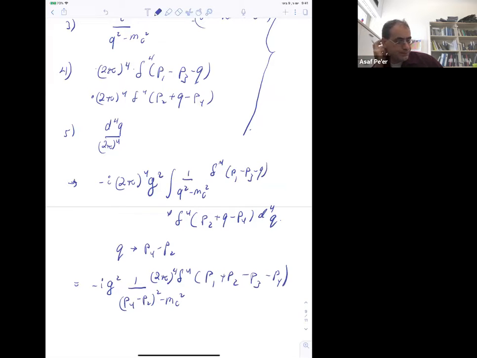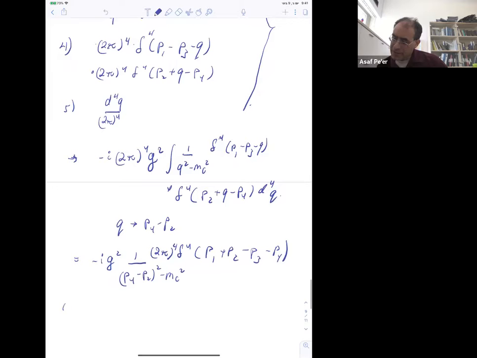So as I promised you, by the end of rule number 5, we are left with no integration, but 1 delta function. And this delta function, as stated, represents conservation of energy and momentum. So what is left is rule number 6.